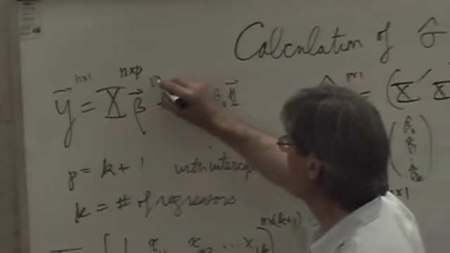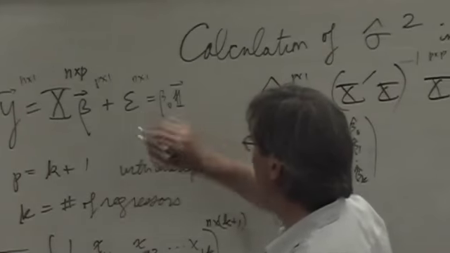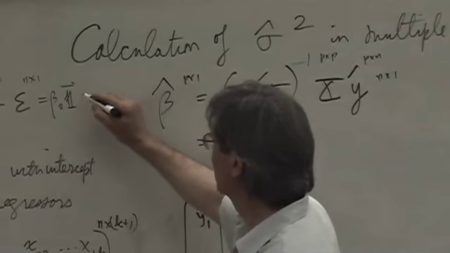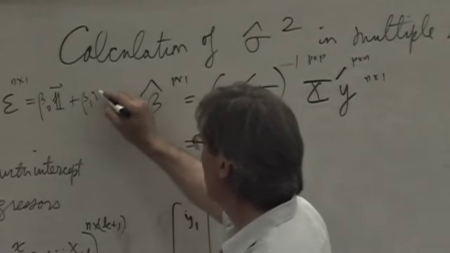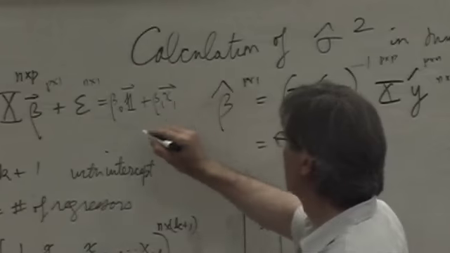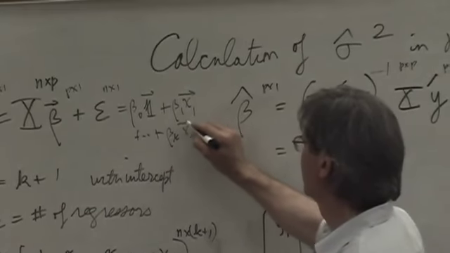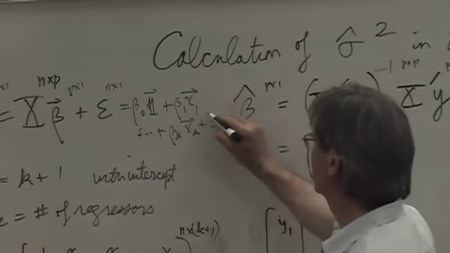Beta is a p by 1 vector. Epsilon is an n by 1 vector of errors. So writing it out in vector format is beta 0 times 1 plus beta 1 x1 plus and so on plus beta k xk plus epsilon. You have to be somewhat fluid with these different formulas.